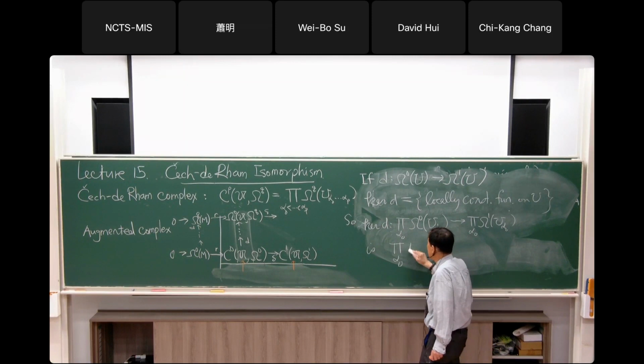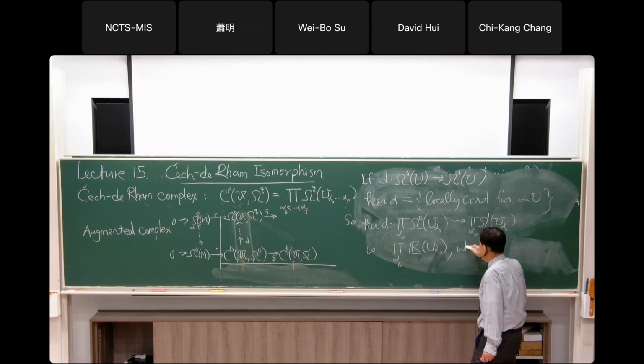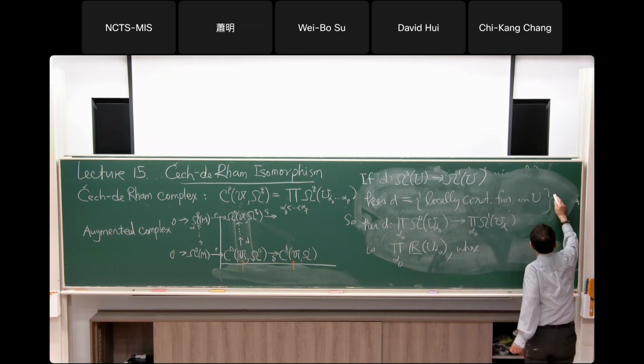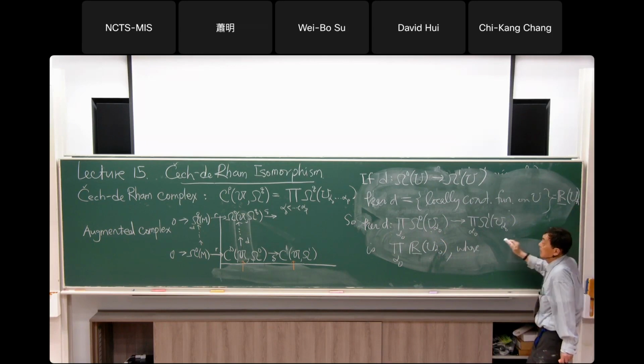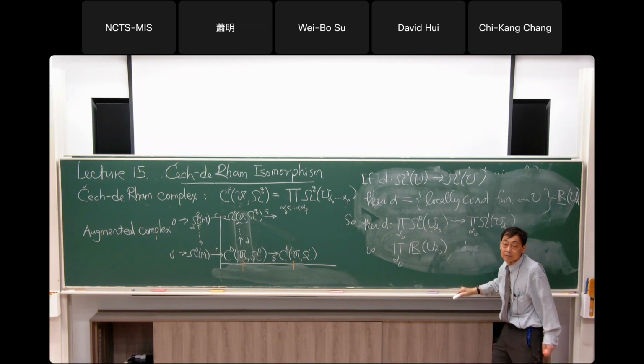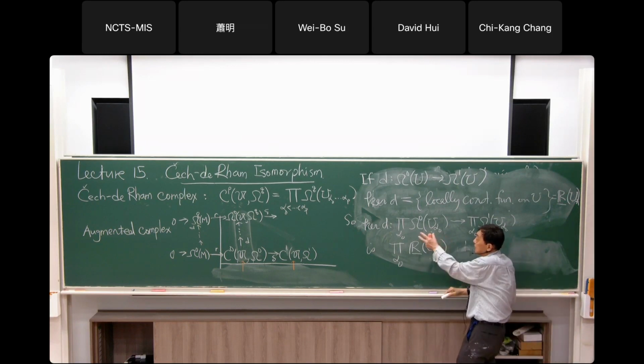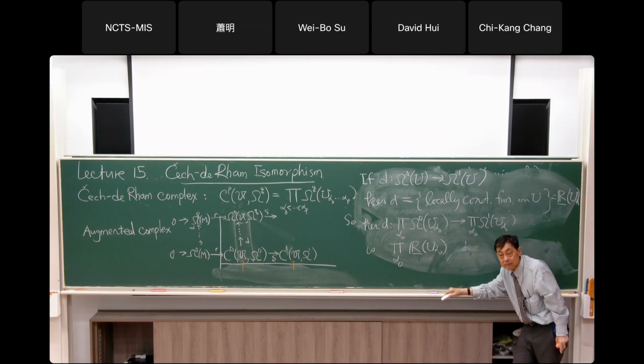I will use this notation: the locally constant functions on U, I will write as R bar of U. So the kernel of the direct product would be the direct product of locally constant functions on each open set.